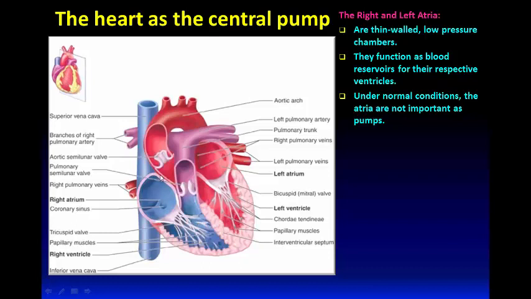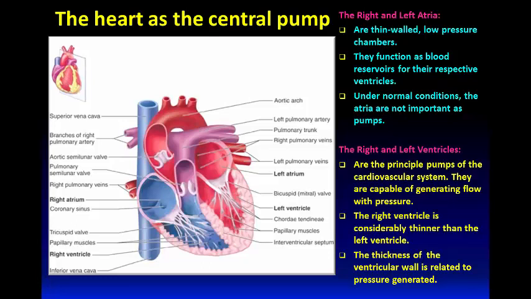The right atrium functions as a blood receptacle and a reservoir of blood for the right ventricle, and similarly the left atrium functions as a blood receptacle and a reservoir of blood for the left ventricle. Under normal conditions, the atria are not important as pumps. The ventricles, the left and the right ventricles, are the principal pumps of the cardiovascular system.